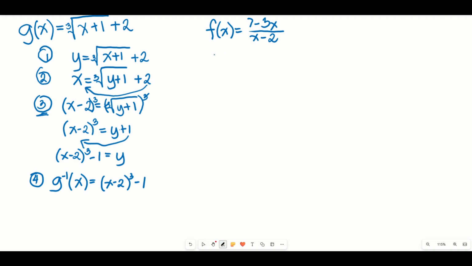So again, first step is to rewrite f of x as y. So y is equal to 7 minus 3x over x minus 2.